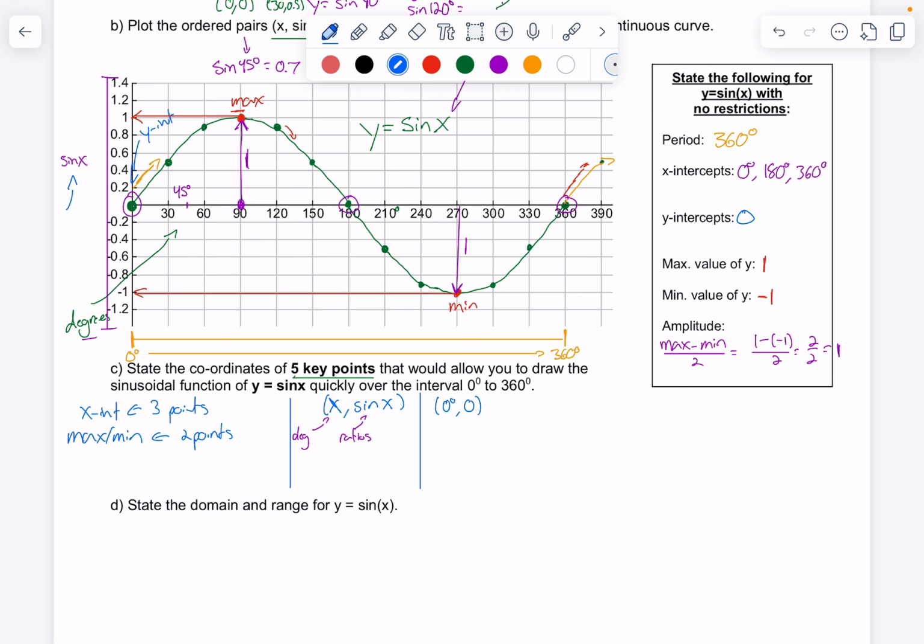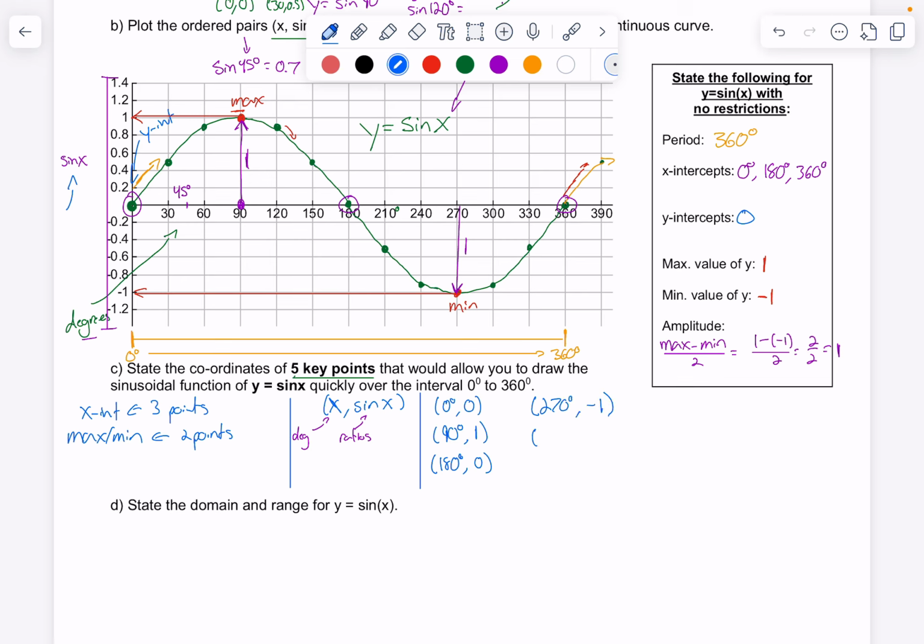And then your max occurs at a value of 90 degrees and a value of 1. You have your next intercept at 180 degrees, and that has an output of 0. And then you have your other one at 270 degrees, and that's giving you your minimum, -1.